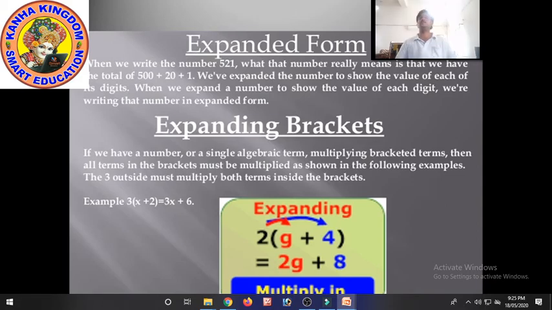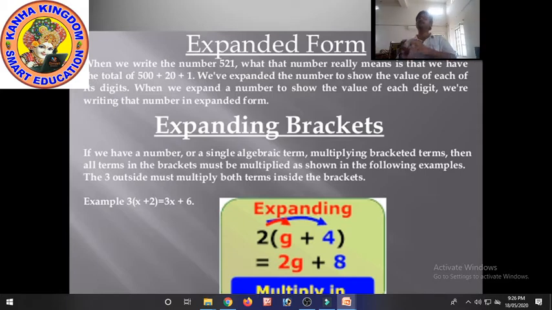Means whenever we write any number, suppose 521, which I already gave as an example: 1 is in which place? 1's place. 2 is in which place? 10's place. And 5 is in which place? 100's place. Means 5 multiplied by 100 equals 500, 2 multiplied by 10 equals 20, and 1 multiplied by 1 equals 1.